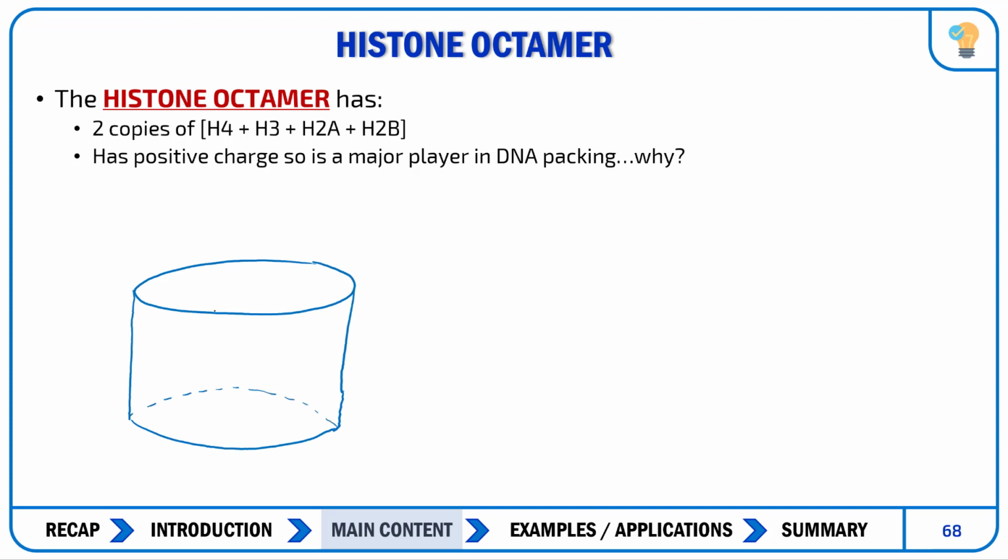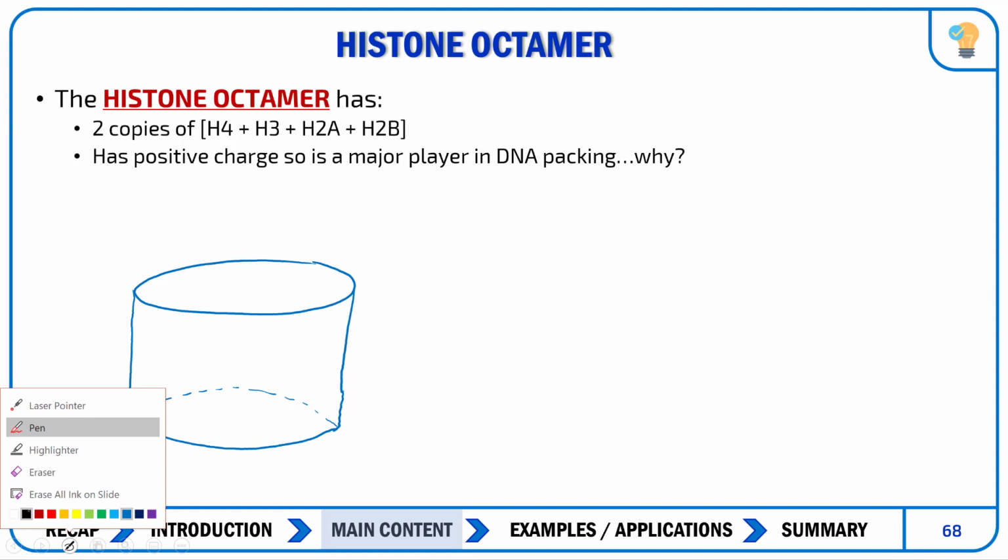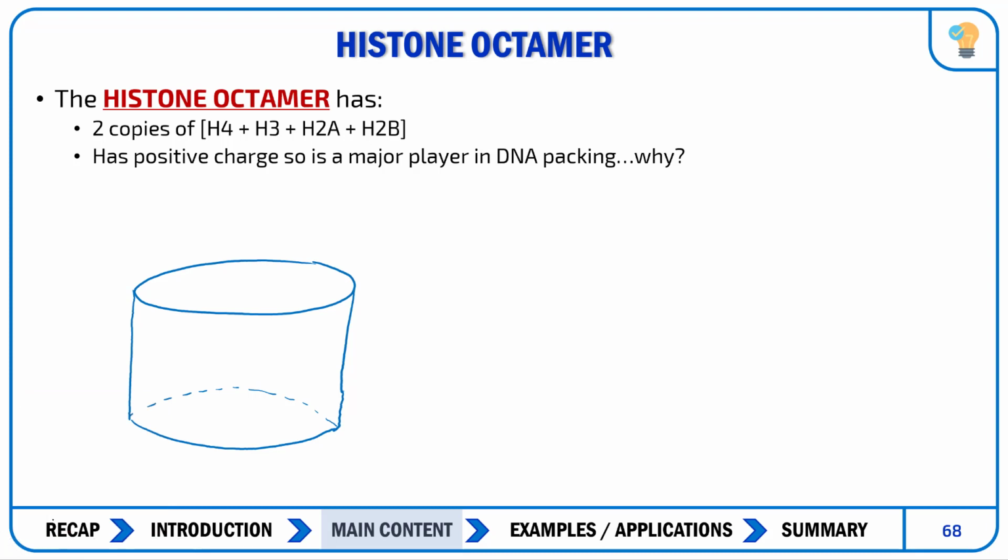Remember, it was broken up into quadrants and then 4 pieces sliced in half. The histone octamer essentially has two copies of H4, H3, H2A, and H2B. Those are the 8 pieces that come together to create that octamer.